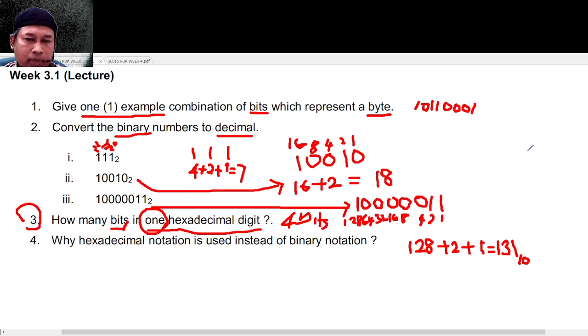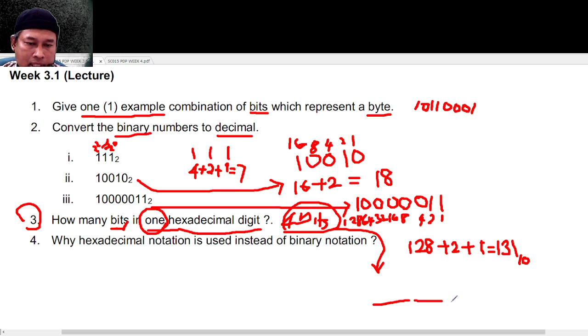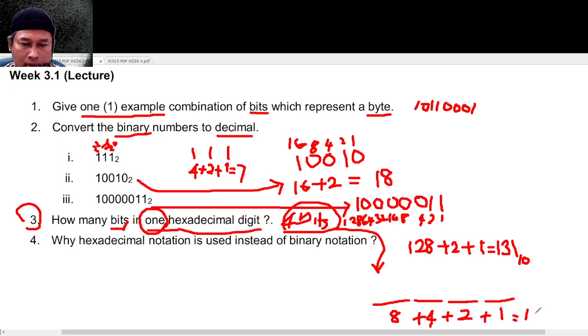Why 4 bits? Okay, now I will show why one hexadecimal digit is 4 bits. Okay, now you must remember the place values. 1, 2, 4, 8. 8 plus 4 plus 2 plus 1 equals 15.